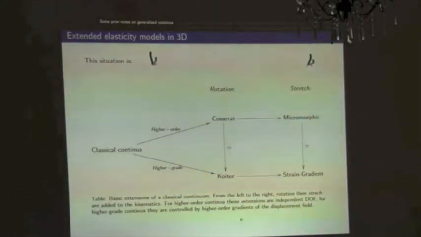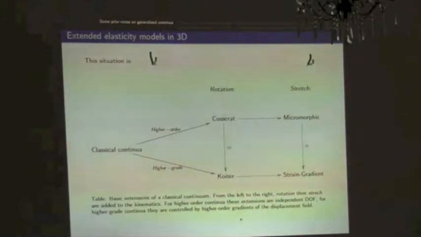And the micromorphic, if you impose constraints, will give you a strain gradient theory. So this graph is a kind of summary of, I think, the most well-known higher order elasticity models. They connect in this way.